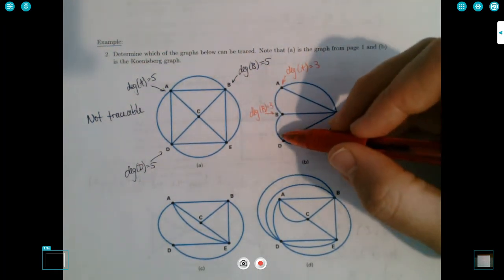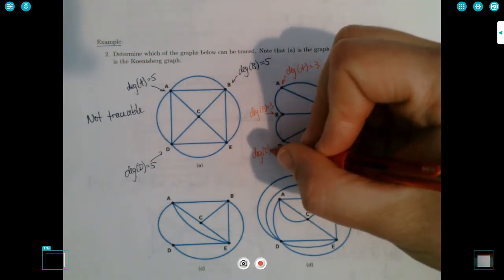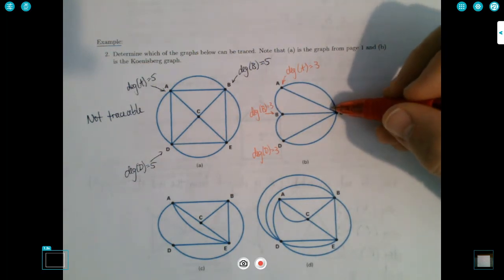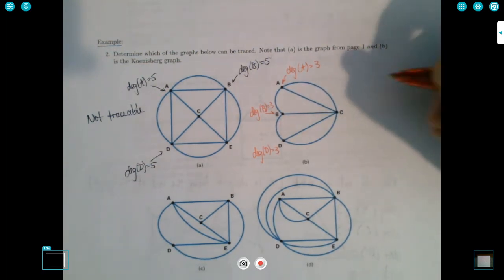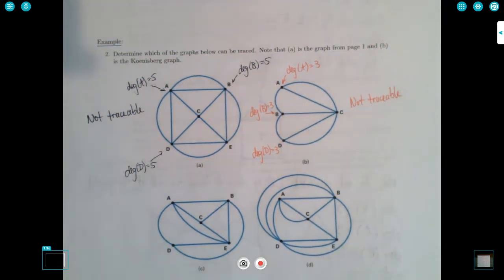Degree of D, 1, 2, 3. Okay, now it's game over. Right? And just for the fun of it, degree here is 1, 2, 3, 4, 5. So this one's not traceable. You've got more than 2 odd vertices.